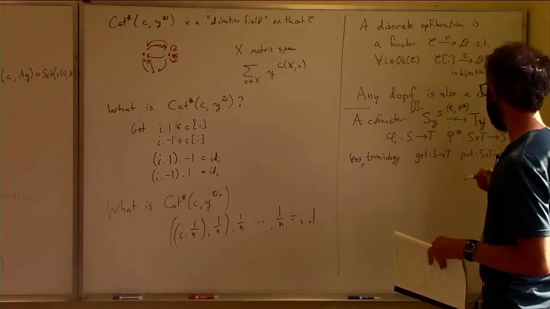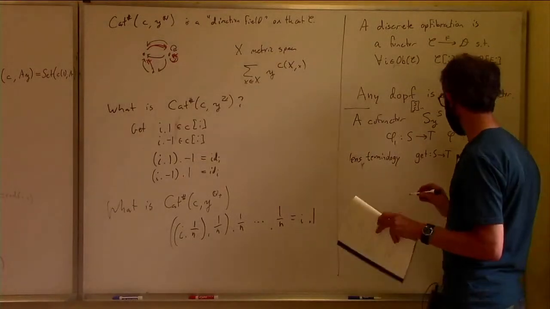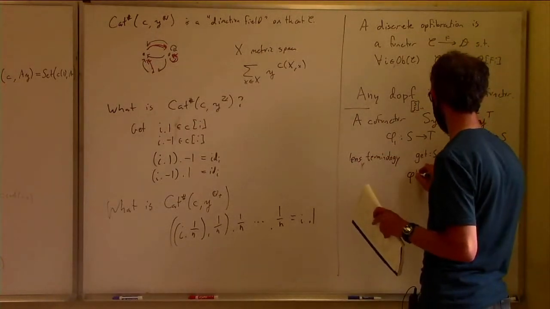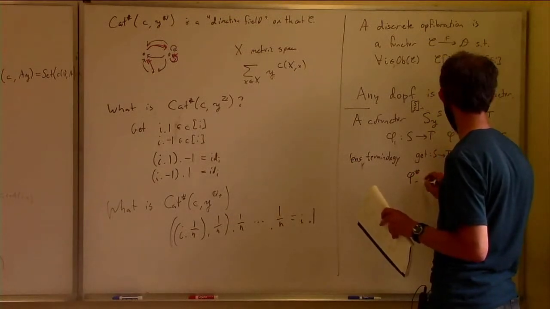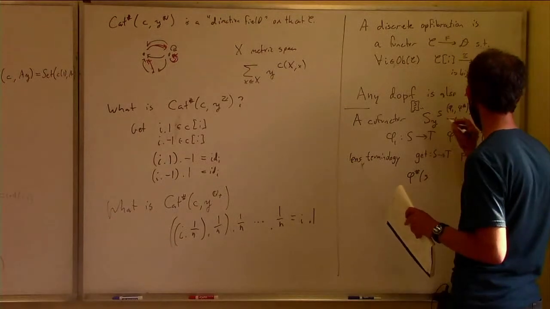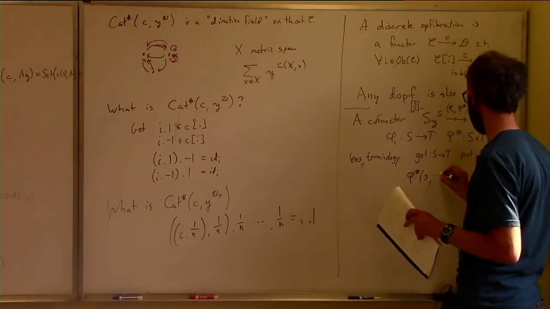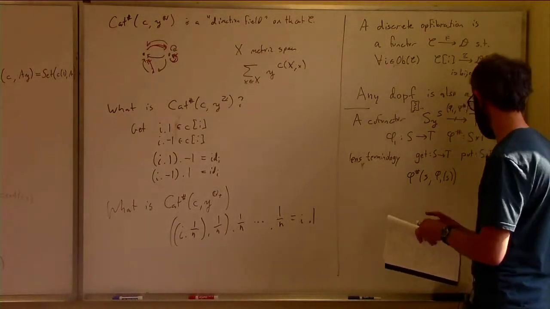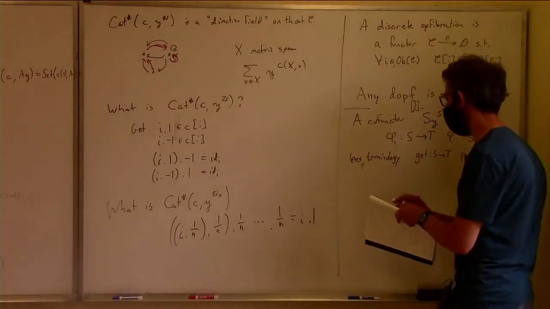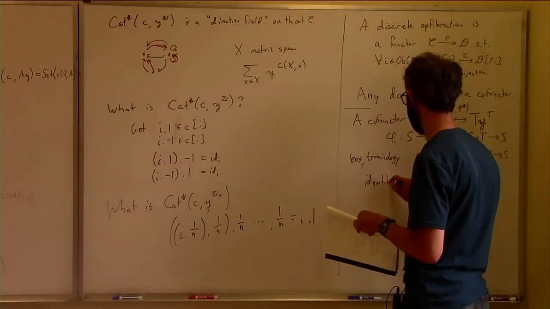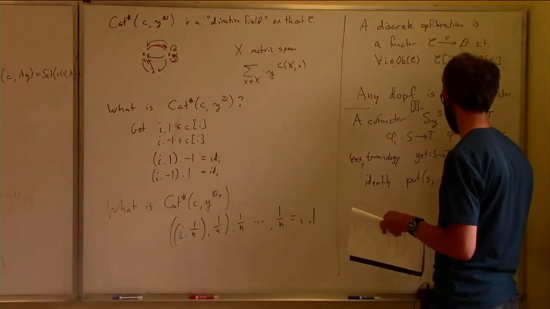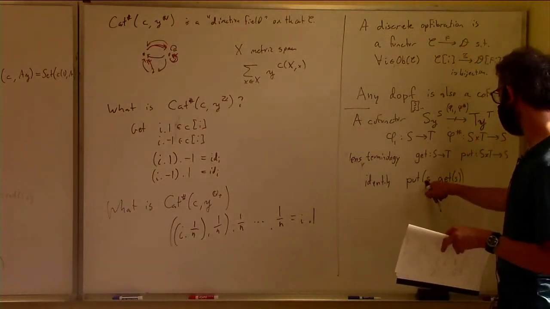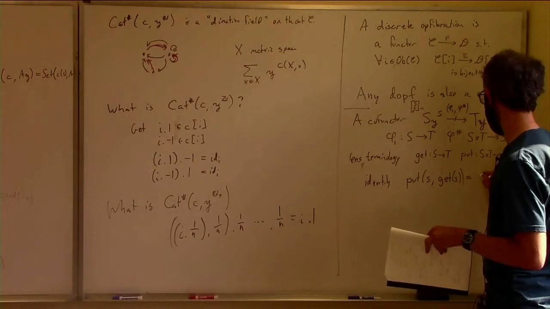So that's just a polynomial map, but what happens if you ask for it to be a cofunctor? It turns out that we would write those things out, and the identity law says that put of s, get s, which is the identity on where s goes, should be s.